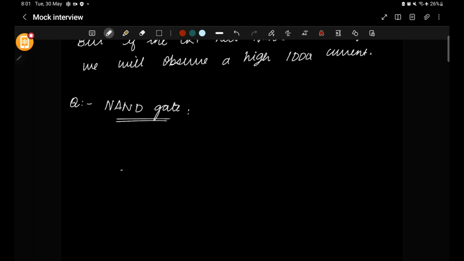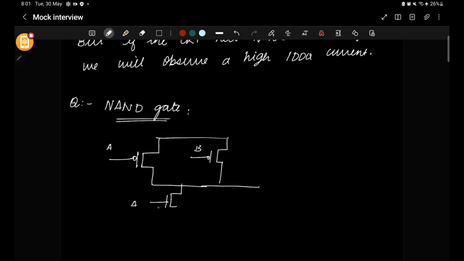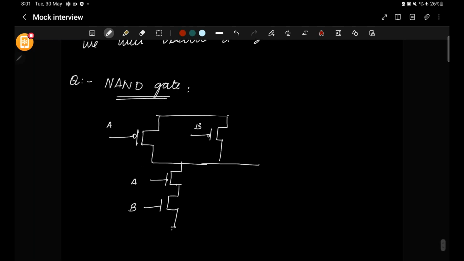This is the CMOS structure of a NAND gate. This is A, B. And then this is A, and this is B, and this is Y.